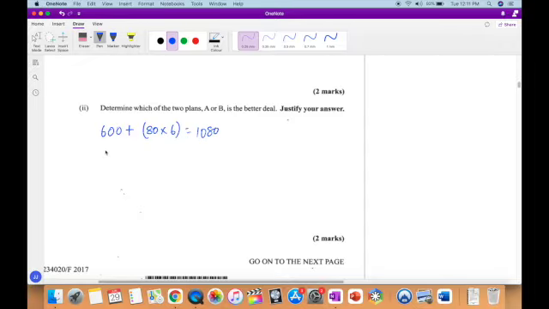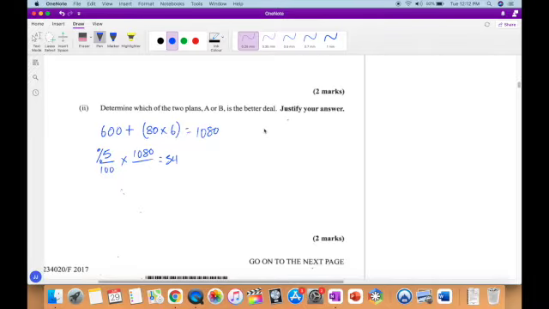But then we would have to find 5% of $1,080. So 5% being multiplied by $1,080 gives us about $54.